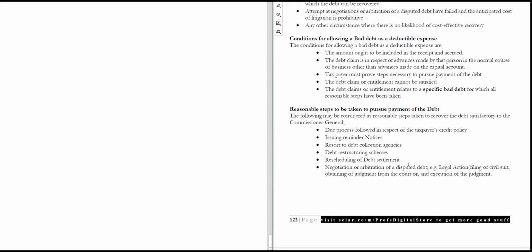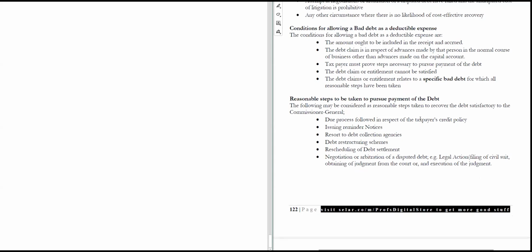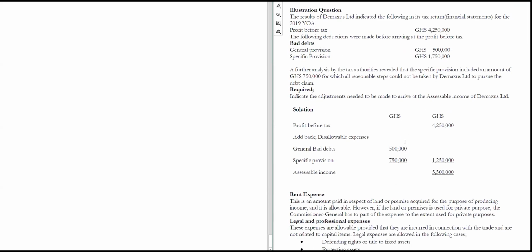They couldn't take it. You restructure the debt through restructuring schemes. You reschedule the debt payment. You did negotiation or arbitration, right? Took legal action, filed a civil suit. You obtained a judgment from the court, sent it to the person. The person still couldn't pay. So you've done everything that you could do. The person could not pay the money. If that is so, the commissioner can allow you to deduct that bad debt.